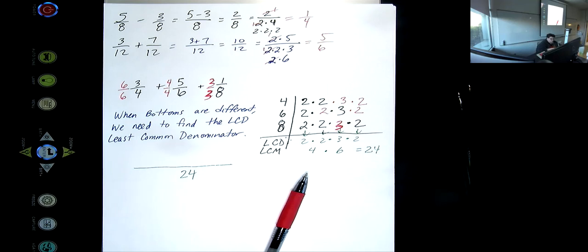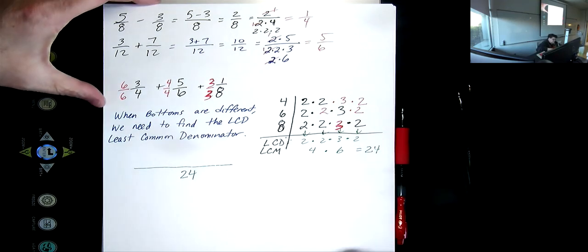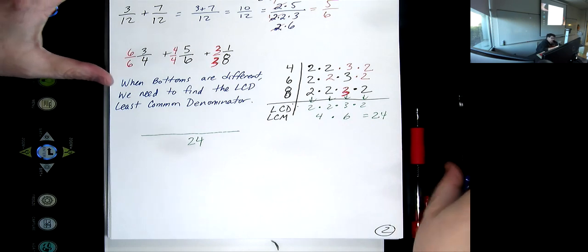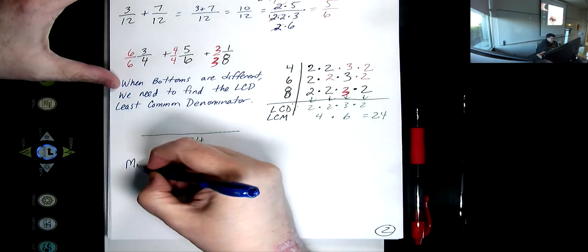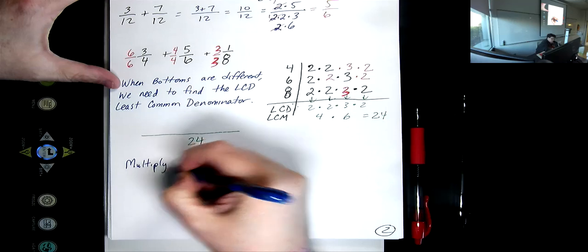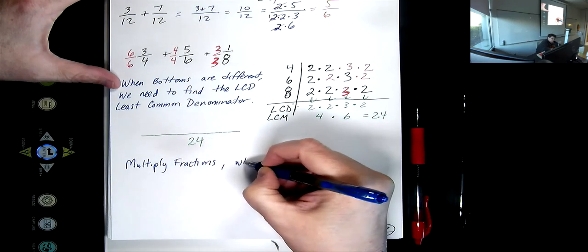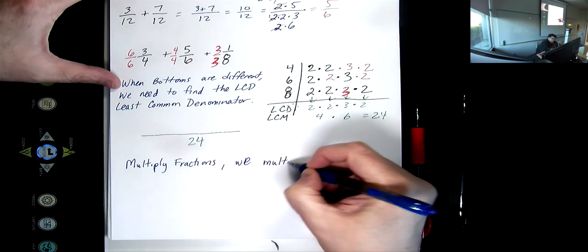All right, so I guess I kind of skipped a step. I didn't talk about how we multiply. Let's just cover multiplication real quick. When we multiply fractions, we multiply top separately from bottom.